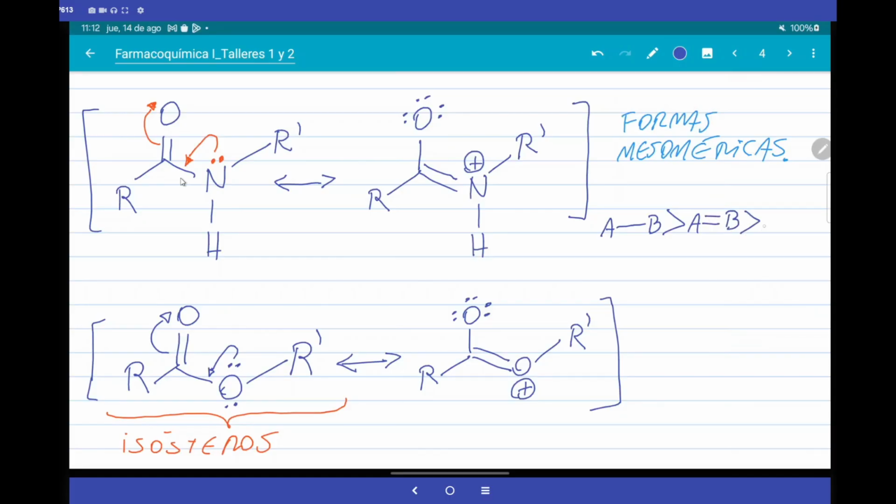The triple bond is the shortest given that it is made up of sp-type hybrids. When one empirically measures the length of the bond, it finds that in the case of the amides, this bond is shorter than a simple bond, but longer than a double bond. It is an intermediate length.